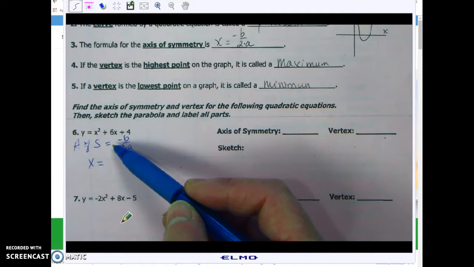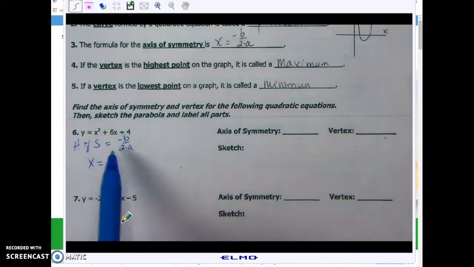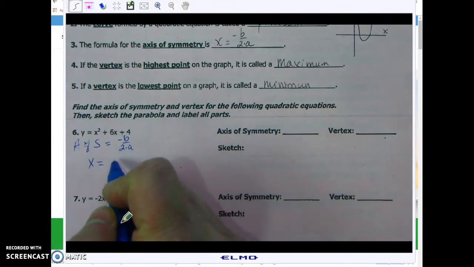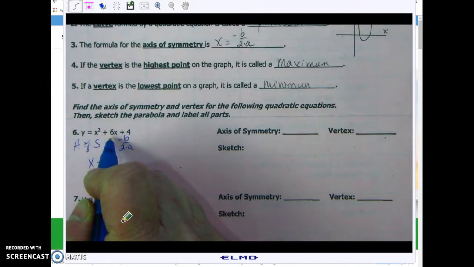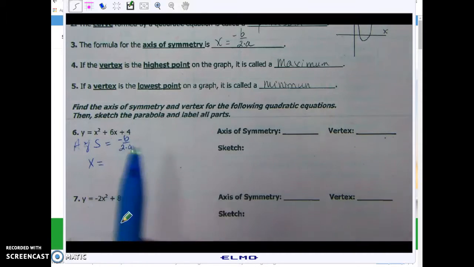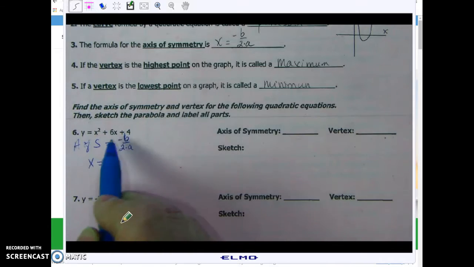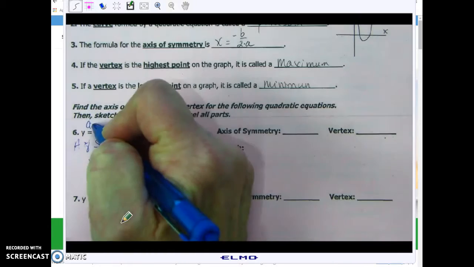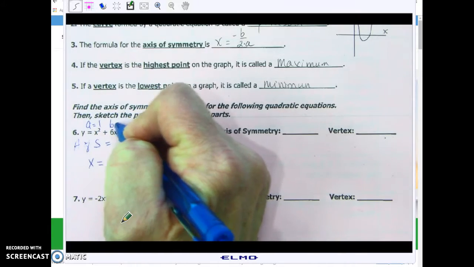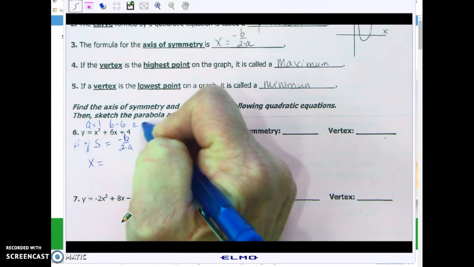Everybody, what's my b value in this equation? The 6. Does everybody see that? Everybody should be looking. So a on this equals 1. B equals 6. And C equals 4.